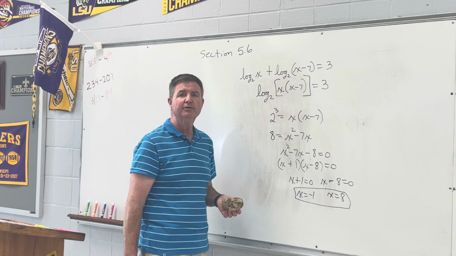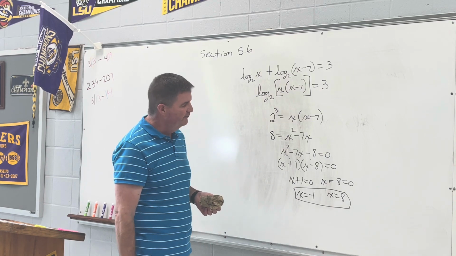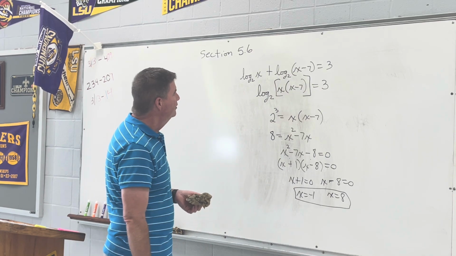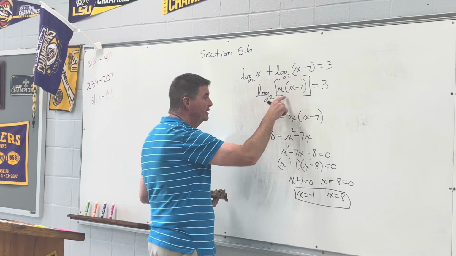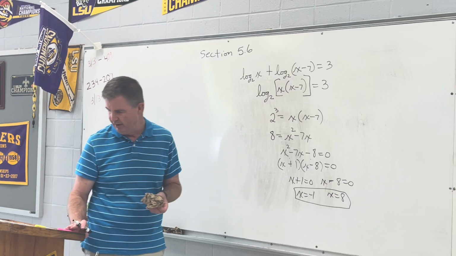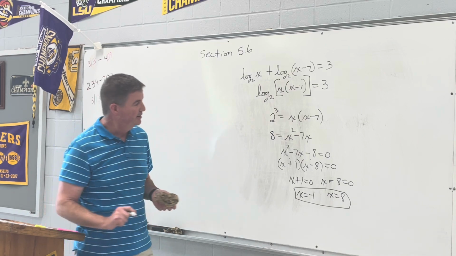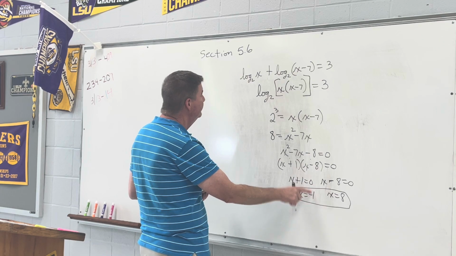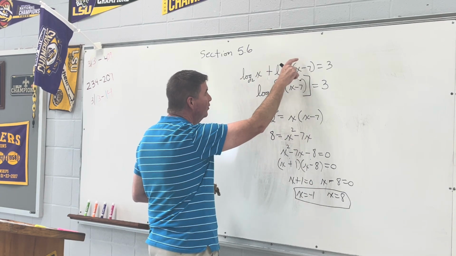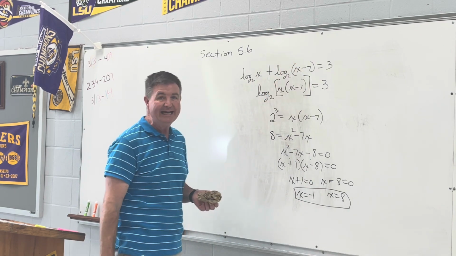And everything's looking great, except for the fact that we need to go back in and plug the answer in to make sure it's okay. Negative 1 going here or here gives me a negative.